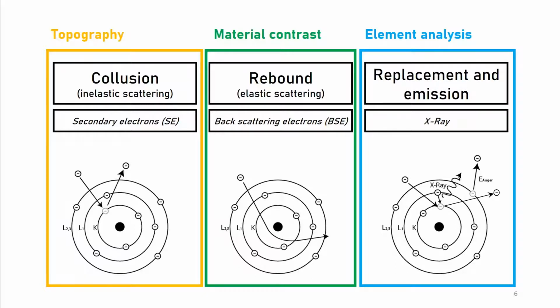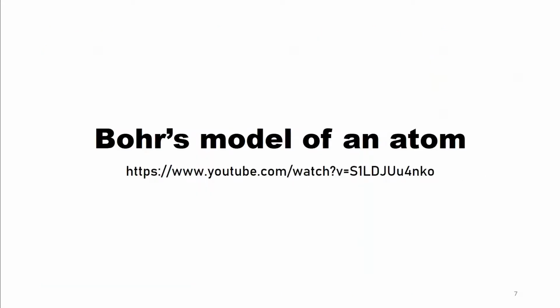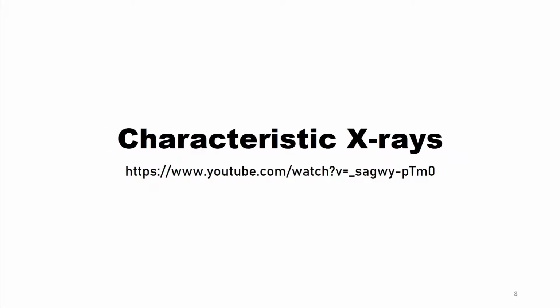Before we take a closer look into SE electrons, BSE electrons, and characteristic X-rays, you might want to refresh your knowledge on Bohr's model of an atom, or maybe also the basics of what characteristic X-rays are. Links for both videos are in the video description.